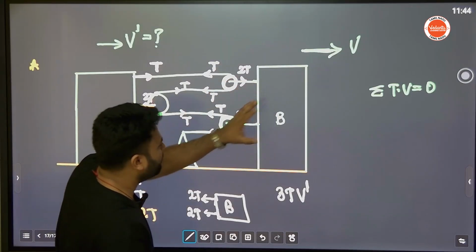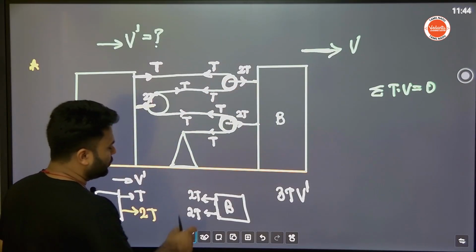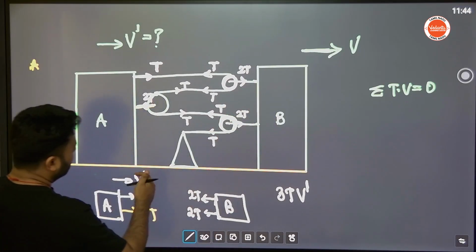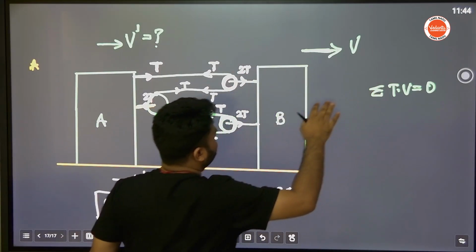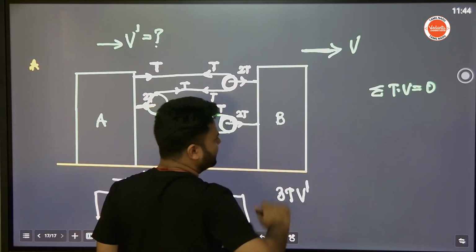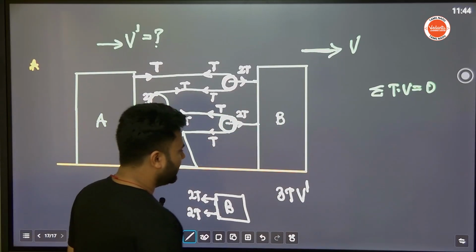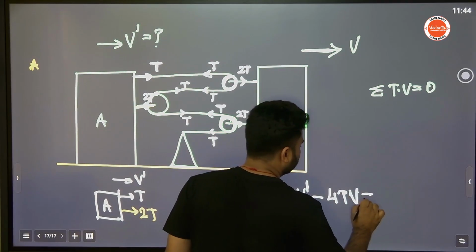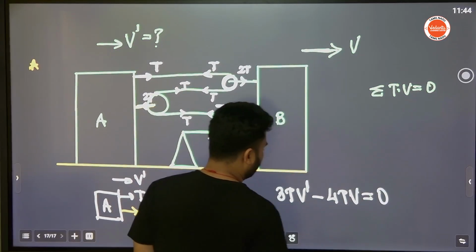For this block, 2T plus 2T, 4T, this side tension is 4T, but the velocity is in the opposite direction. So you write minus 4TV, and the summation of T dot V should be equal to 0.